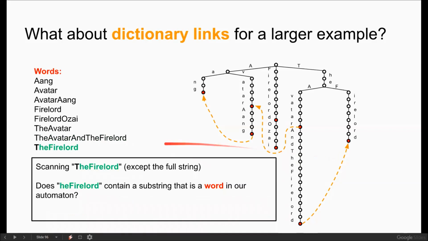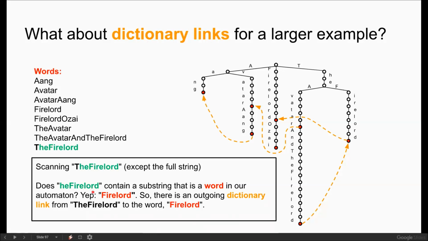Okay, the last one. The last one is we're going to scan the word "the Fire Lord." What that really means is we're scanning "he Fire Lord" to see if it contains a substring that is also a word in our automaton. And is that the case? Yes, it is. We have the substring "Fire Lord" that is a word in our automaton.